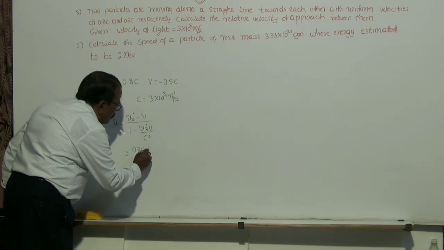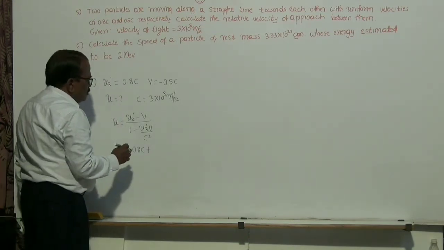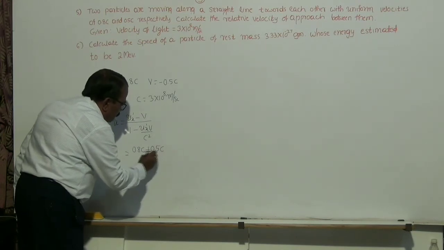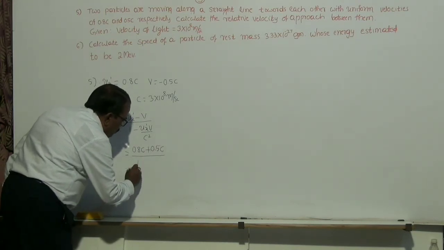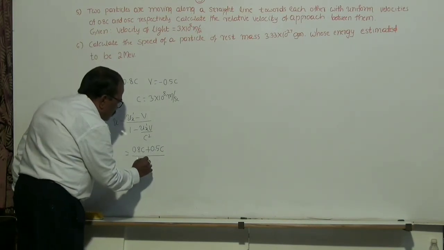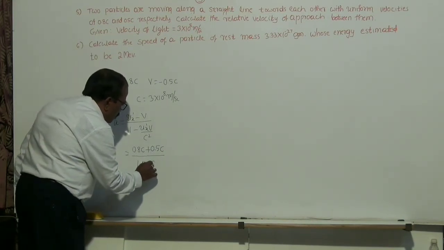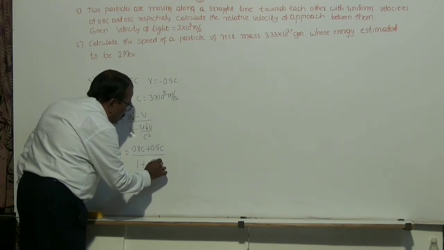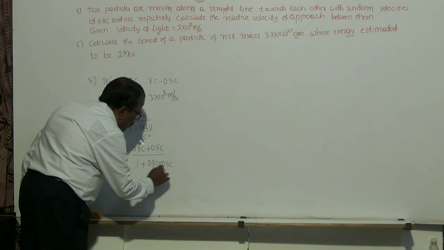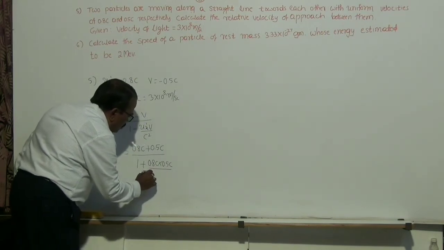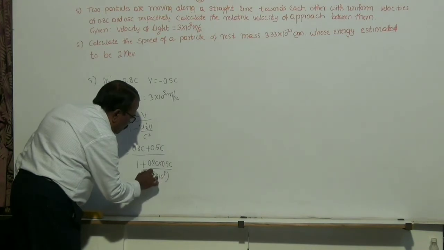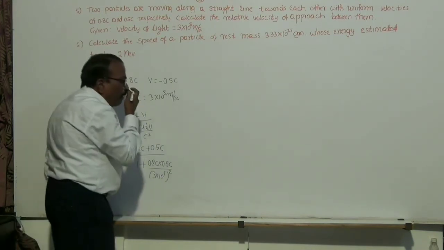Then this becomes plus 0.5 c divided by, once again this is 1 plus, it is 0.8 c into 0.5 c divided by 3 into 10 raised to 8 whole square.